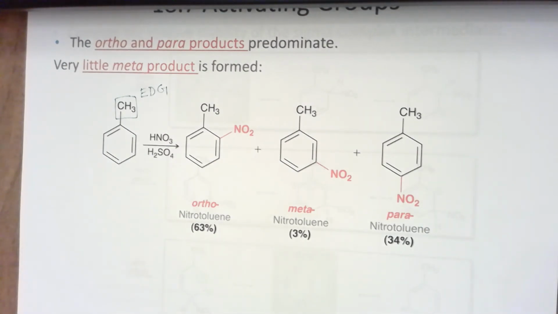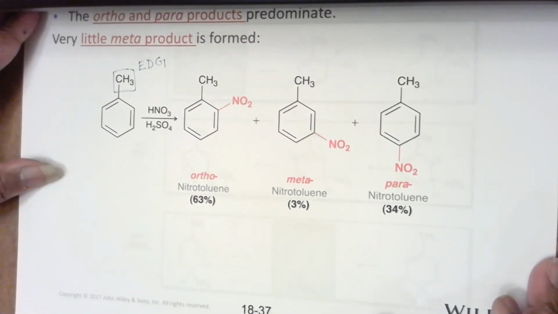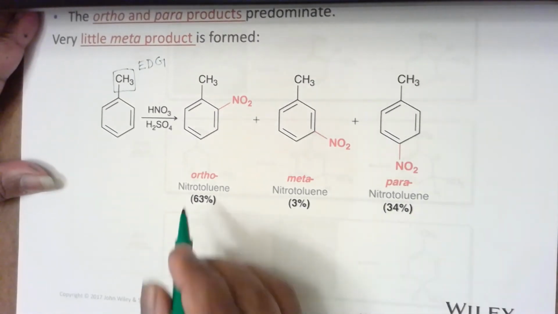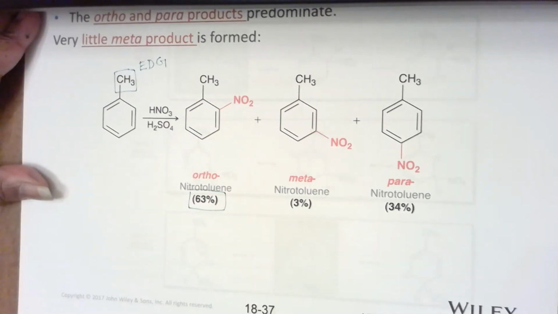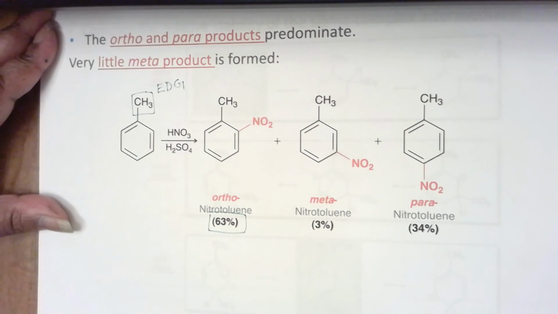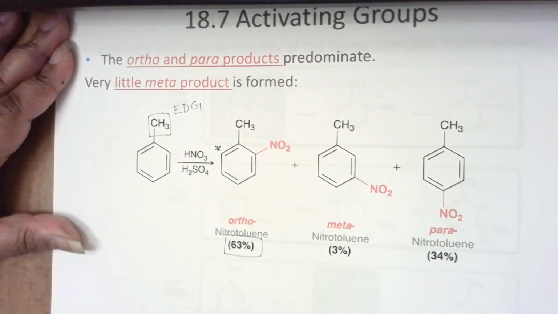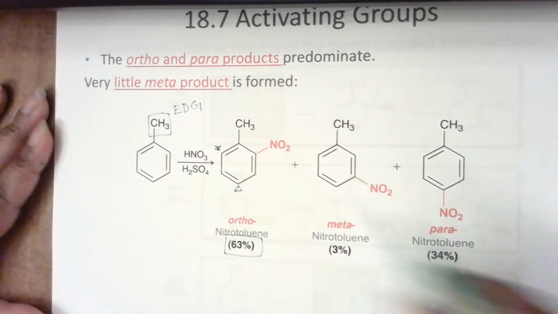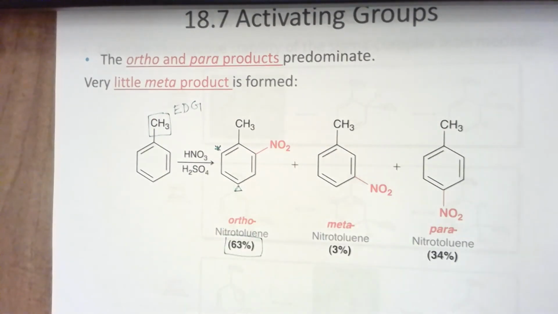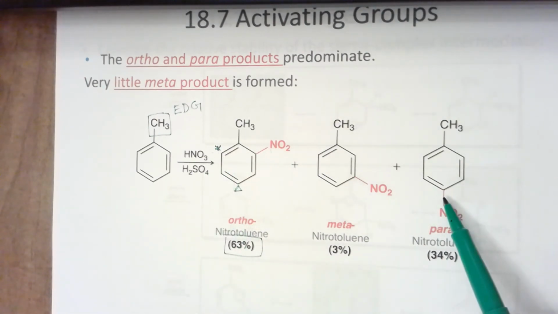So do we get equal amounts, like 33% of each? Not really. We get about 66% of the ortho, because you remember, and you see it here too, you have 2 ortho positions and only 1 para position. You see that? So you get about 66% of this, and 33% of the para.